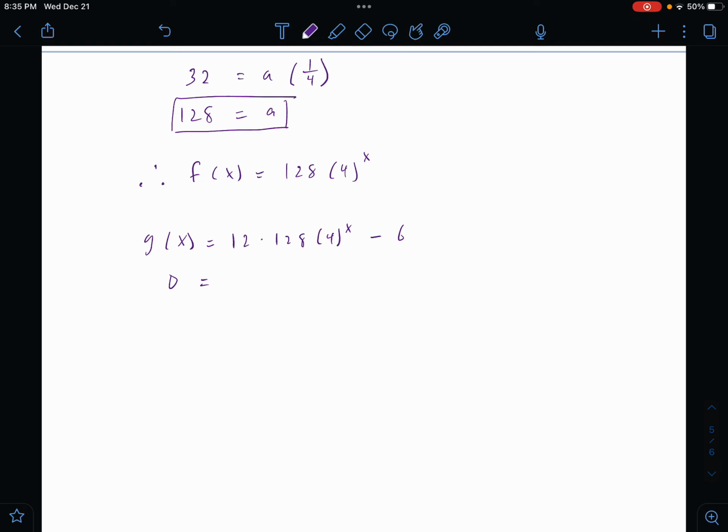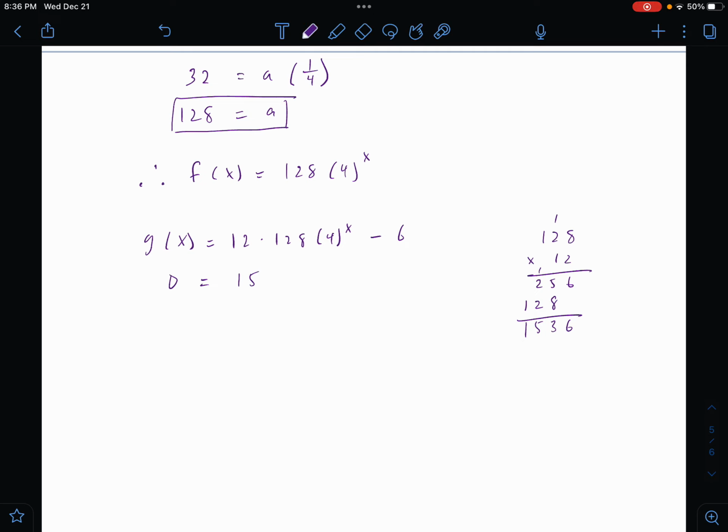Okay. Now we have 12, so we can multiply this out. 128 times 12 works out to 1536, so it's quite a big number.